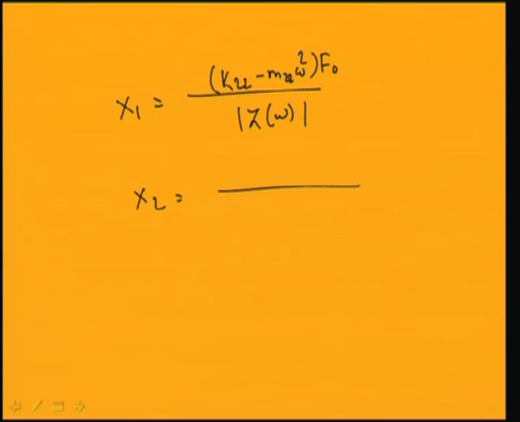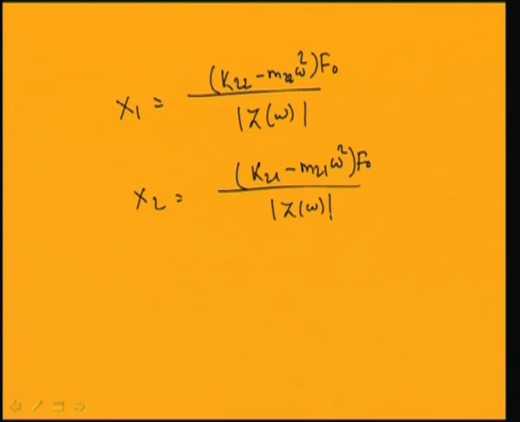So I can write x1 equal to (k22 minus m22 omega square) f0 by determinant z omega, and x2 equal to minus (k21 minus m21 omega square) f0 by determinant z omega.